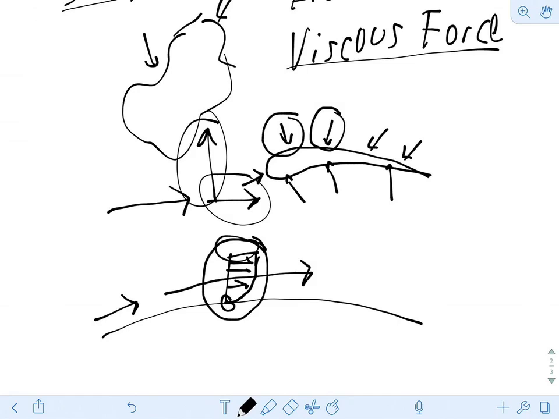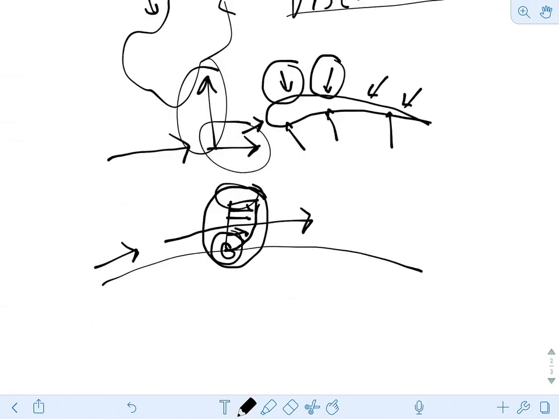There's a drag force associated with that, and that's a viscous drag force. It acts on the surface of the wing or surface of your control volume, in this case tangential to that control volume. There is a viscous normal force, but it's usually rather weak, and we won't be talking about that in this class. But it has to do with shear present in the flow.